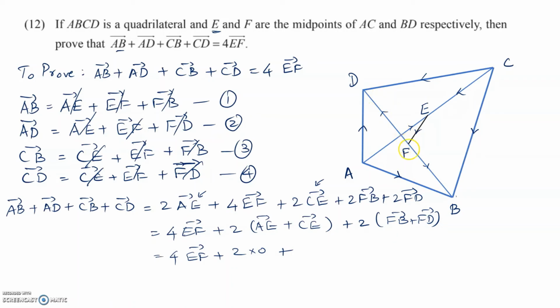Since F is the midpoint and they are in the opposite direction, again this will be 0. 2 times of 0. So your answer will be 4 EF vector. So LHS is equal to RHS. Hence the proof.